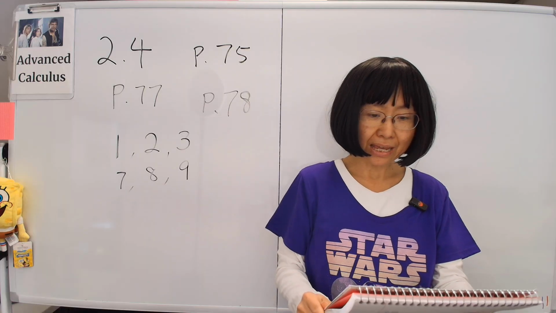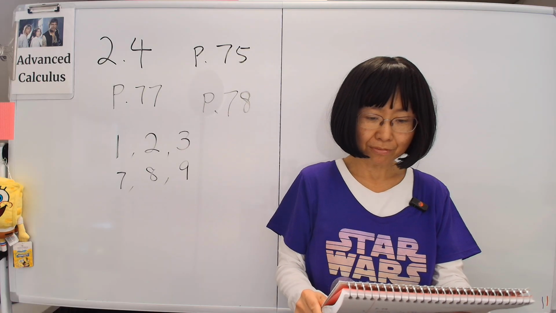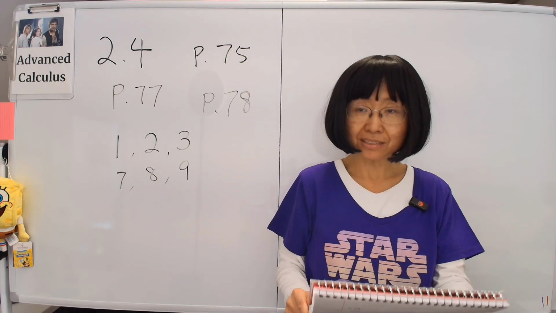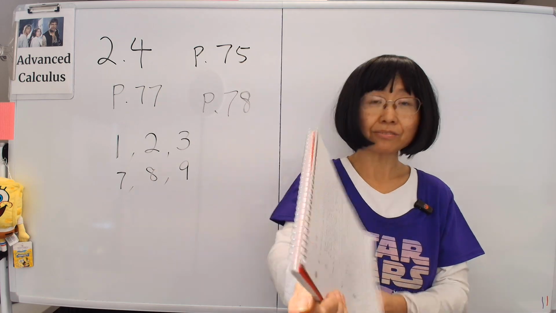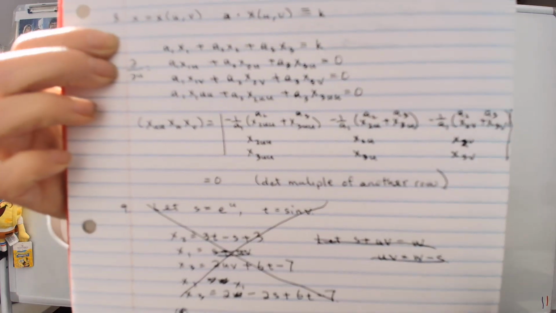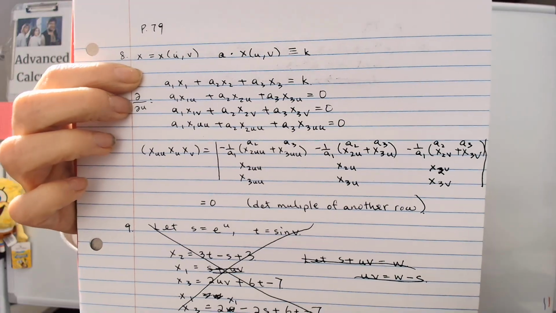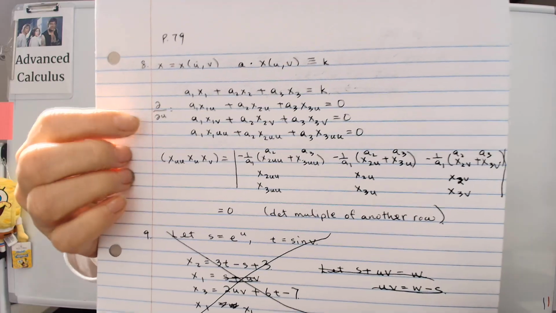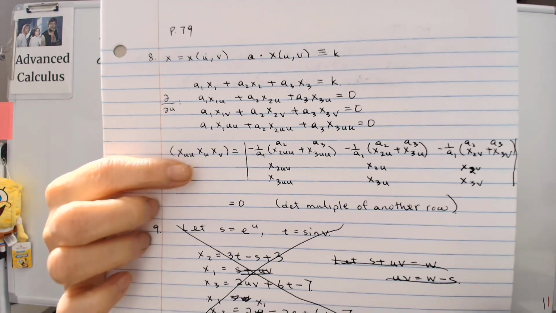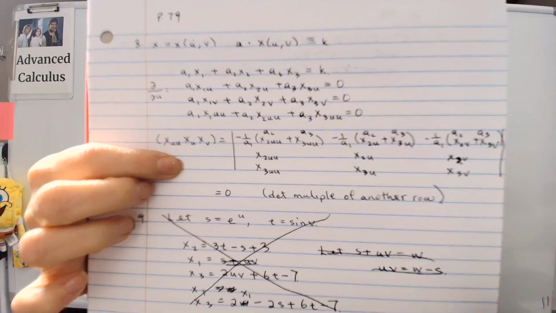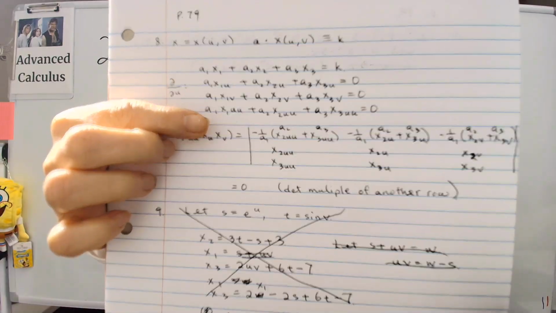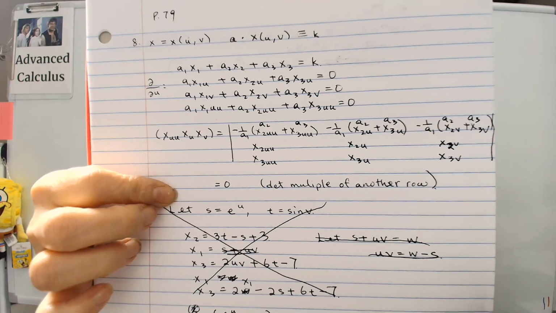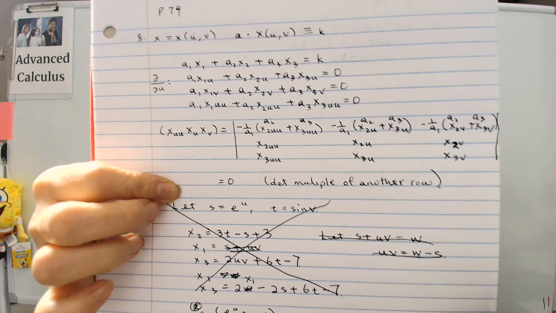Problem number 8, we have some surface, and we're supposed to prove that a whole bunch of complicated looking determinants equal 0. So I just did one of them. If we take the partial derivatives of various things with respect to u and v and uu and write it all in and take a good long look at it, we realize that the determinant is a sum and multiple of various other rows, which is why the determinant has to be equal to 0.